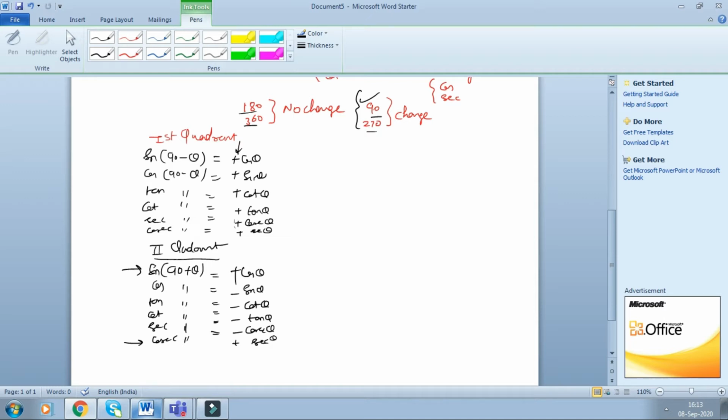You have to see it here, not here. Some people usually take this sine and cosec positive here and the rest negative. But mind it, you have to take care here. You have to see the sign of sine since you are calculating the sine of 90 plus theta. I think I am repeating.